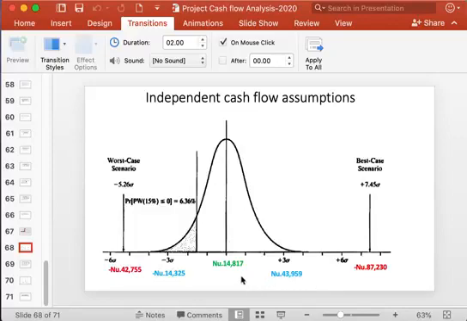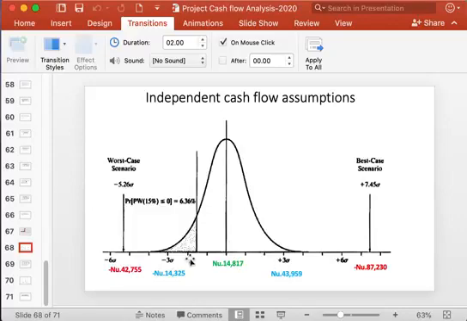So if you try to understand, I said that there is 97 point something percent of the actual values actually happening should be within minus 3 sigma to plus 3 sigma.